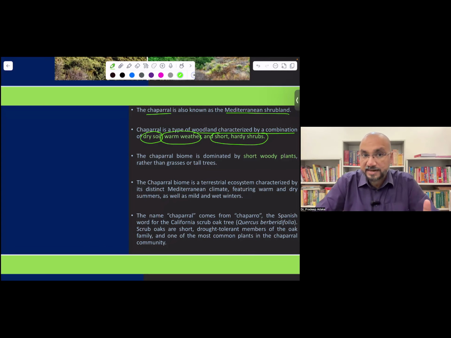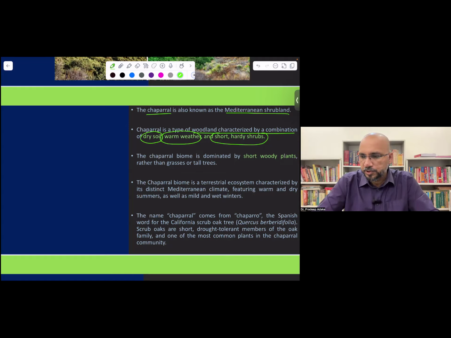These are the characteristics of this particular biome. The soil is dry, the weather is warm, and the characteristic vegetation is hardy shrubs, short and hard, with hard stems and leathery leaves. The soil is dry because the rainfall is not enough.